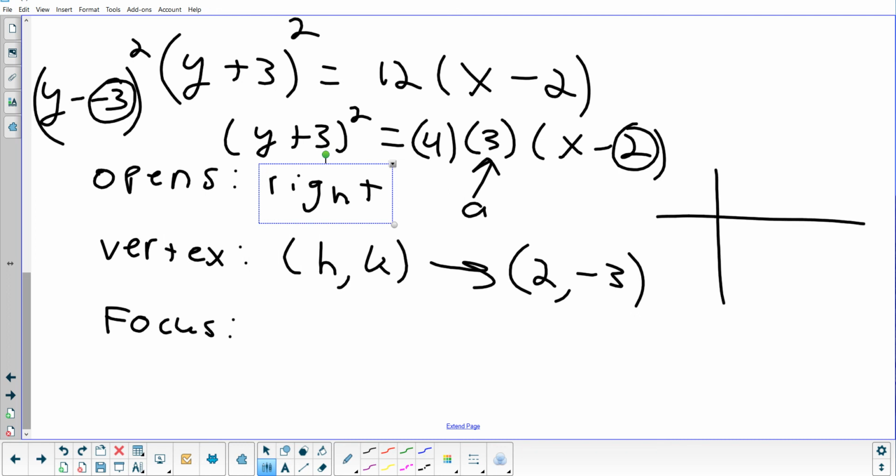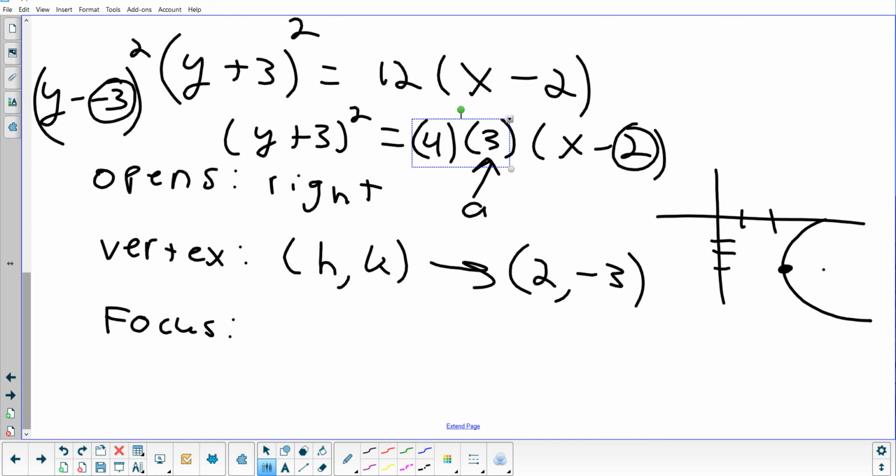Your vertex is 2, -3. Here's your vertex. The parabola is going to open to the right. Where is the focus going to be in relation to the vertex? It's going to be to the right of it. It's going to be inside 3 units.